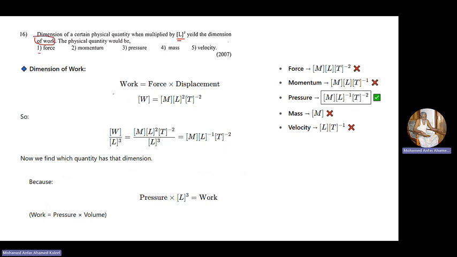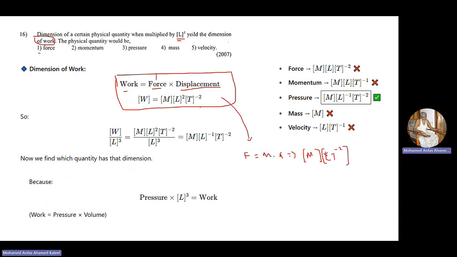For this, first we have to derive the dimension of work. So what is work? Work is equal to force into displacement. So M L T minus 2 is the dimension of force, and then multiplying by L, we get the dimension of work as M L squared T minus 2.